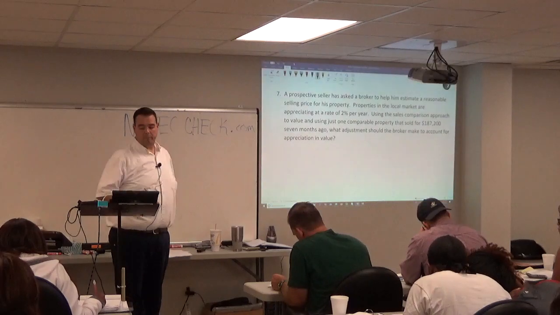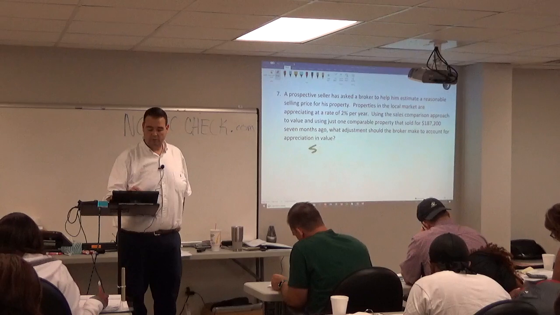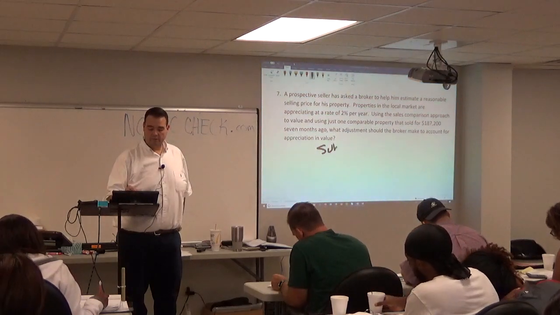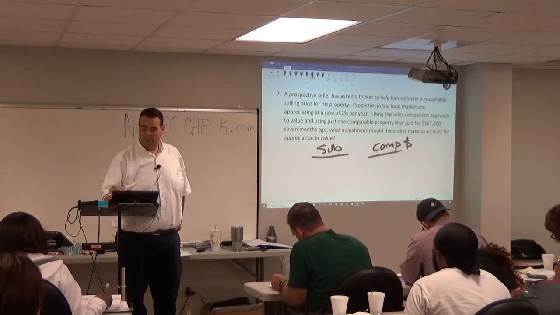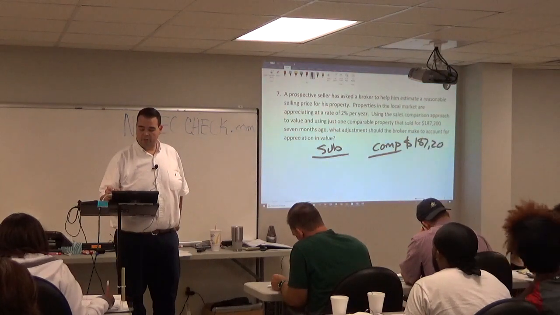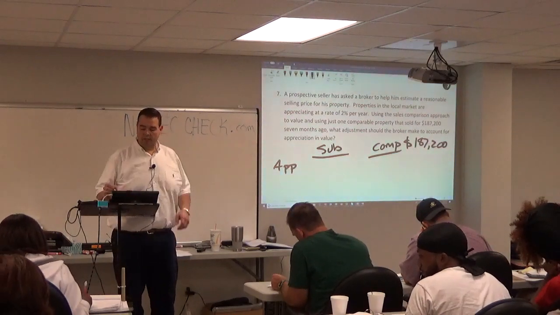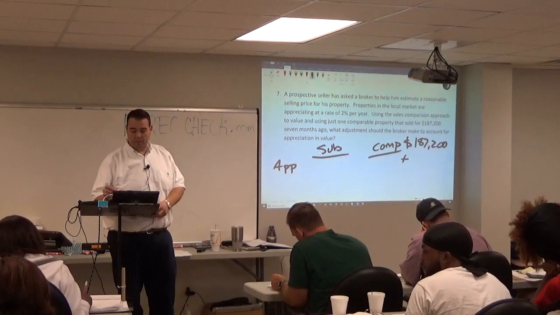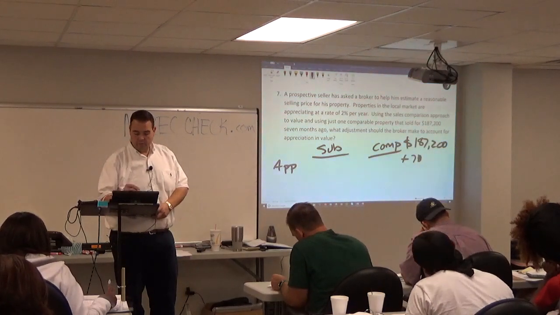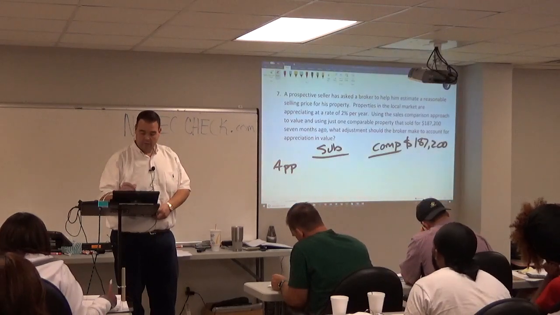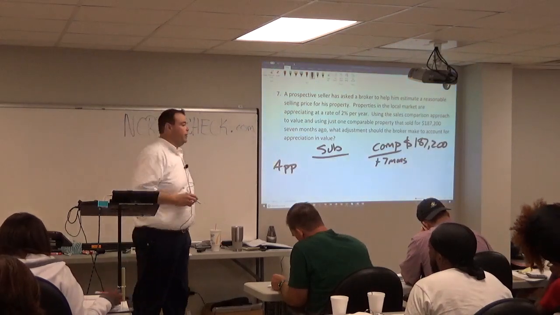I've got my subject, got my comp. I know my comp sold for $187,200. And for time or appreciation, I know I need to go up by how many months? 7 months. Plus 7 months. Everybody okay on that?